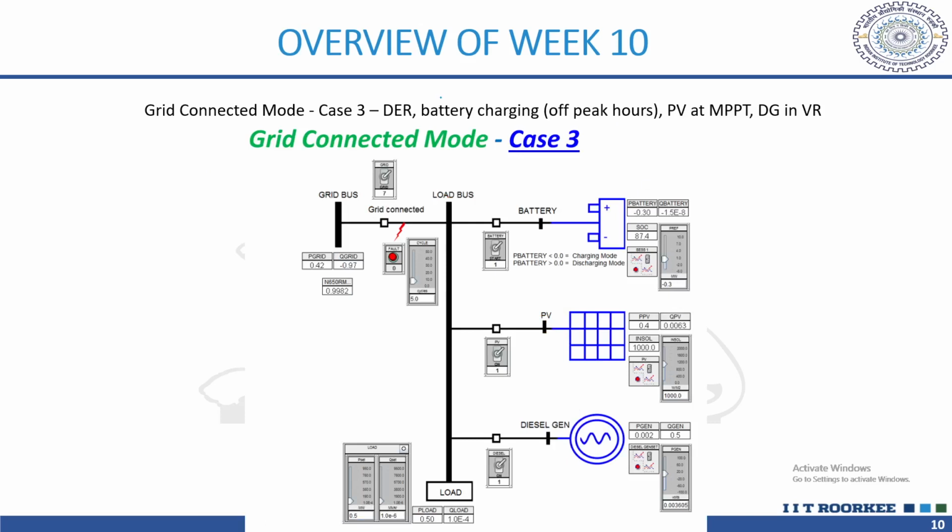Then in the third case, we are connecting the battery now. We are connecting the DER now. So we consider that the maximum power corresponding to the MPPT point is 0.4 for the PV. As we had discussed, in the grid connected mode the PV will always be in MPPT. So here PPV is 0.4 and the load is 0.5, right?